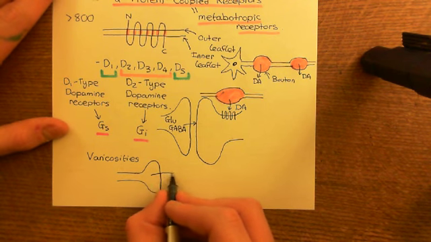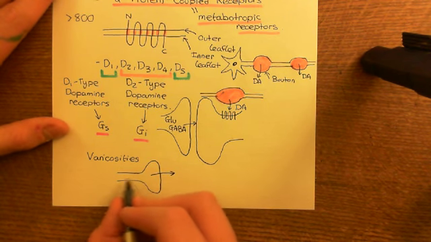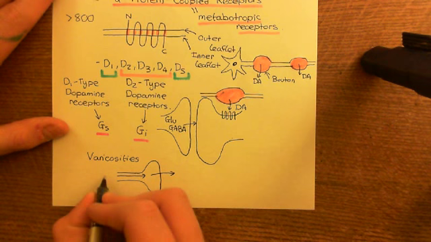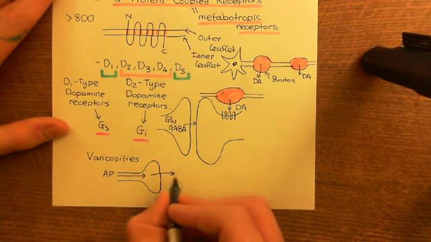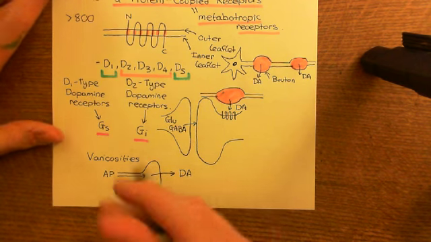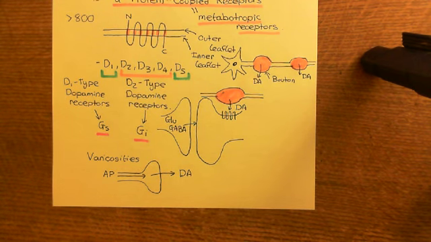Instead, what happens is the dopaminergic neuron, when it fires an action potential, so if an action potential comes along, you just release dopamine into the extracellular fluid, and that dopamine can just broadly act on any neuron that has a receptor to it that's in the vicinity, basically.